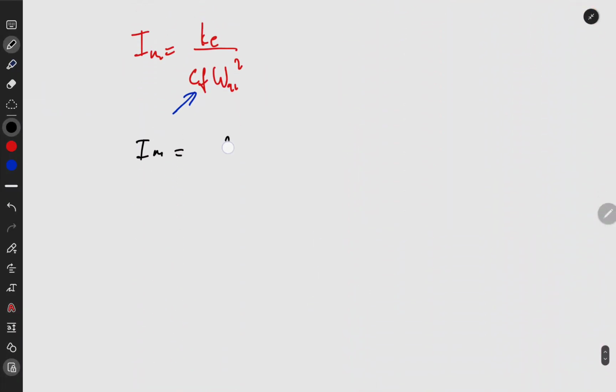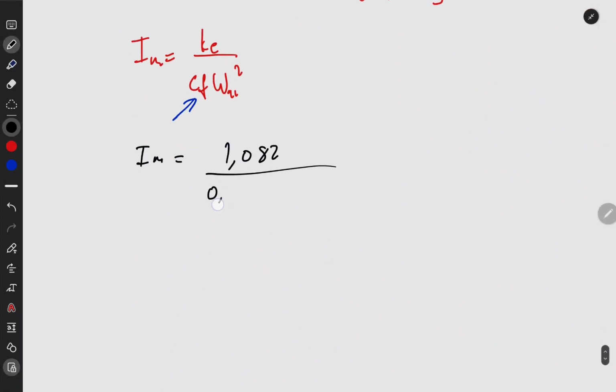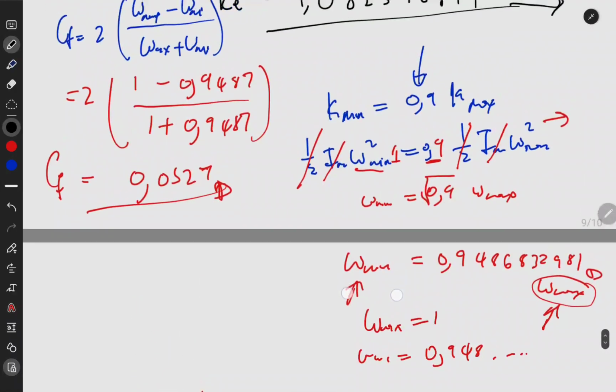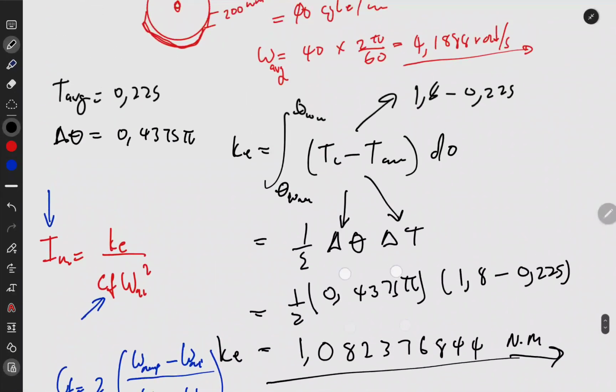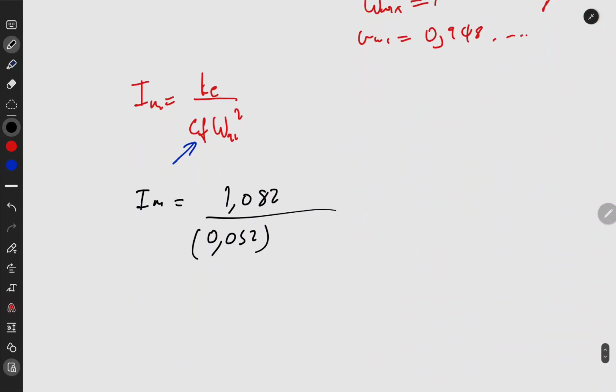1082 all over CF. We just calculated CF now, 0.052. Omega average squared, we had that. I don't know where we have it, but I remember seeing it here. It was 4188. Remember, it is squared, 4188, that is all squared, and that will lead us to getting our moment of inertia.